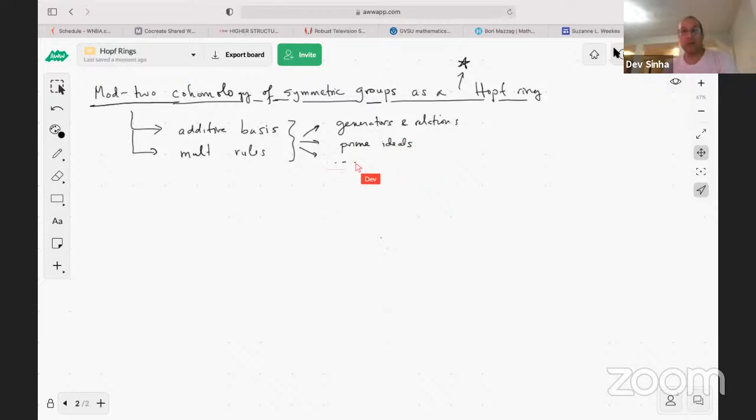So the point is that if you have an additive basis for a ring and multiplication rules, and this is for the cohomology of S_n, the statement, which we'll get to very shortly, of the cohomology presentation of these symmetric groups all together as a Hopf ring is fairly simple.